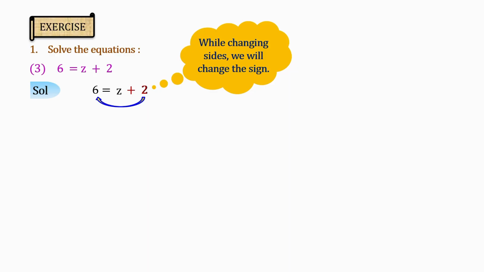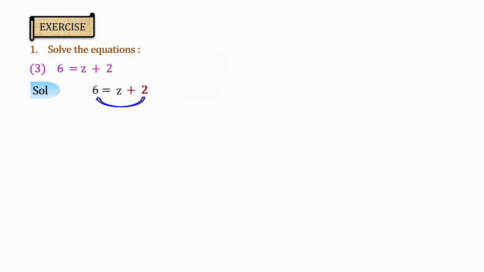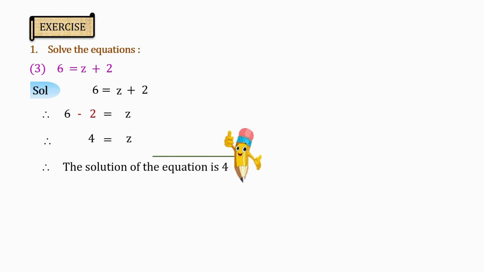While changing sides, we will change the sign as well. So, now plus becomes minus. So, 6 minus 2 will be equal to z. Therefore, z equal to 4. So, the solution of the equation is 4.